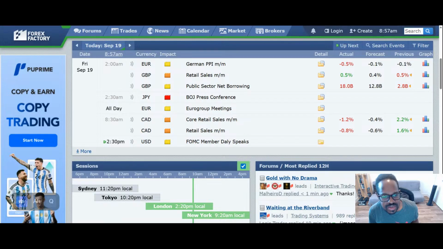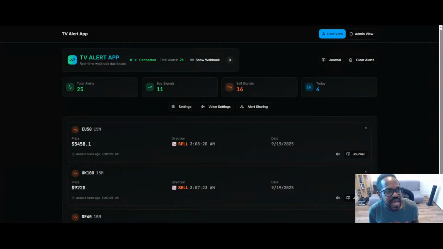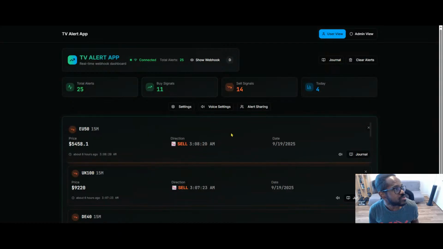All good. So now we're going to be looking at the alert app. Once again, this is my own custom app that I created that provides you with alerts coming from TradingView to this app.